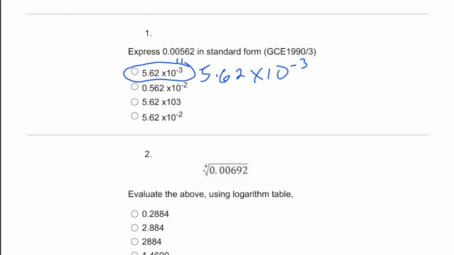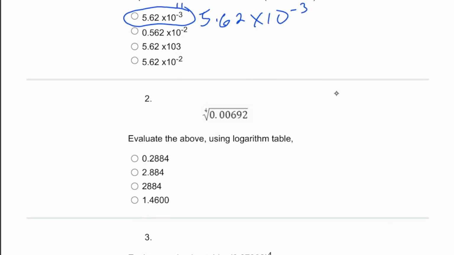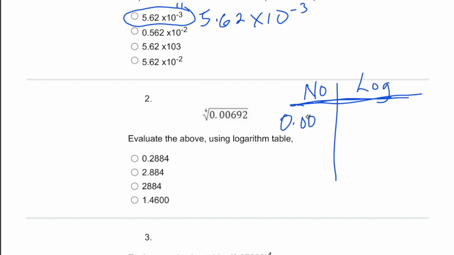All right, the second question here. We're going to have a number and a log. The number we have here is 0.00692. So the characteristic we have there is bar 3. We've talked about that already.